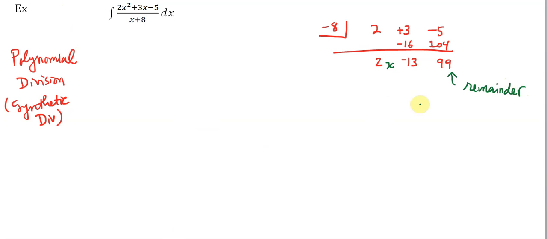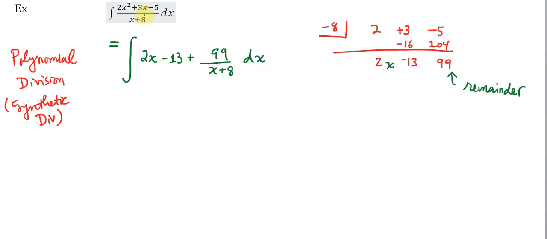Now, after we've done this, we can rewrite our antiderivative as follows. It's going to be the antiderivative of 2x minus 13 plus the remainder over the divisor, 99 over x plus 8, dx. And I hope you can see and make the comparison here.